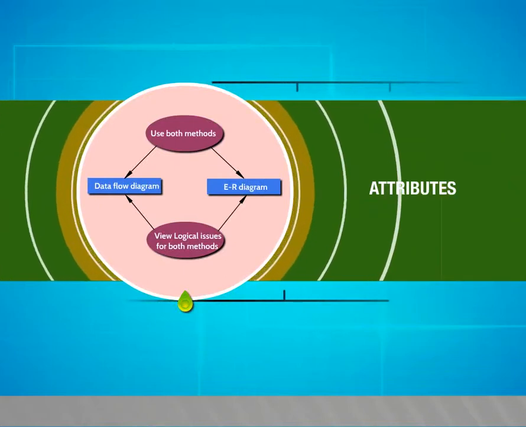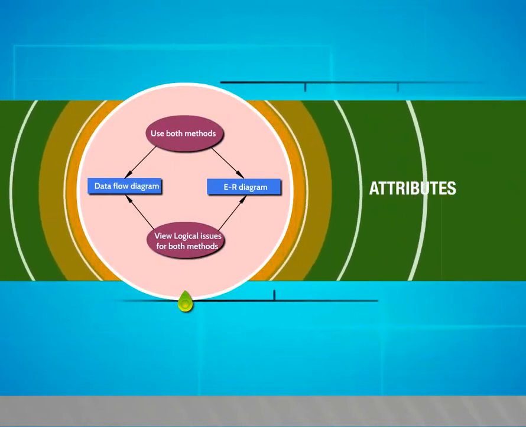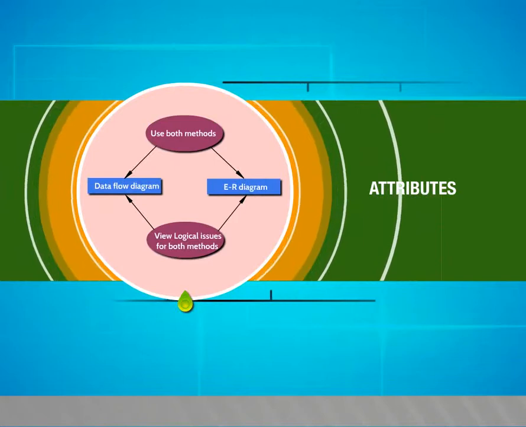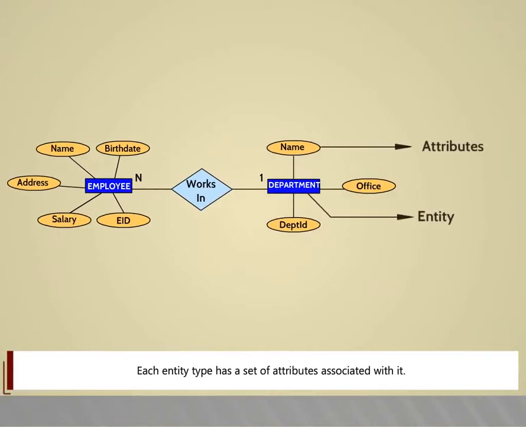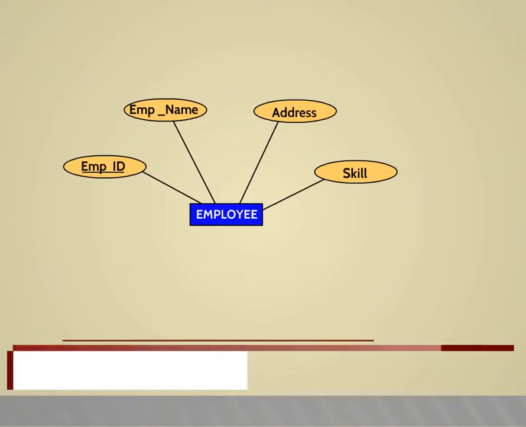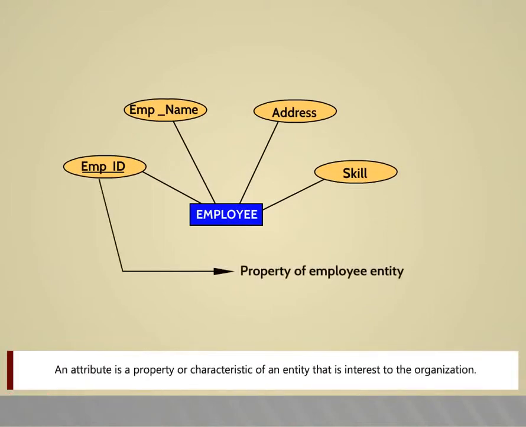Attributes. In this video, we are going to see about attributes. Each entity type has a set of attributes associated with it. An attribute is a property or characteristic of an entity that is of interest to the organization.